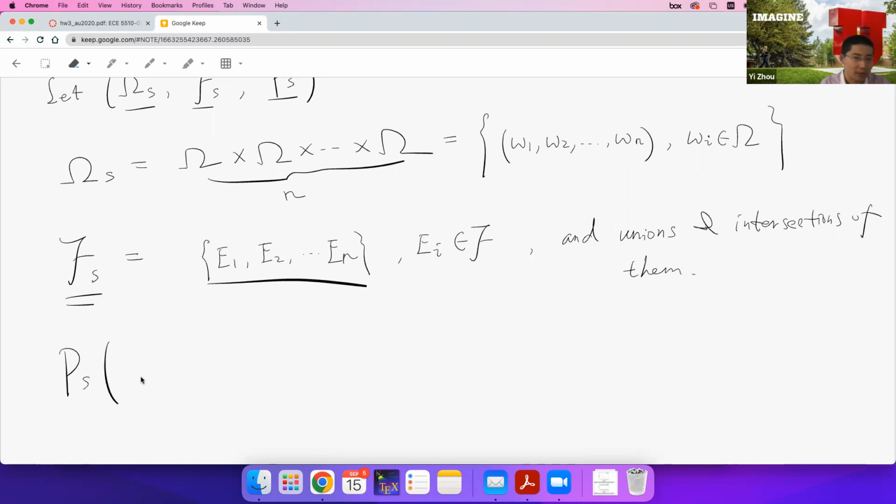And the probability law assigned to this sigma field is as follows. You pick an event of the super experiment. It is basically the product of the probability of each individual event, because they are independent, right?